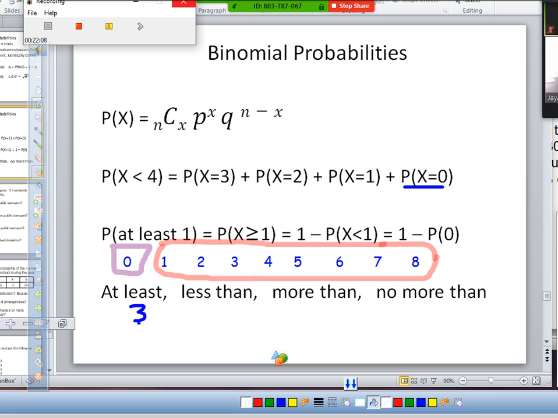Say we're doing it 8 times. What does at least 3 mean? What does less than 3 mean? What does more than 3 mean?